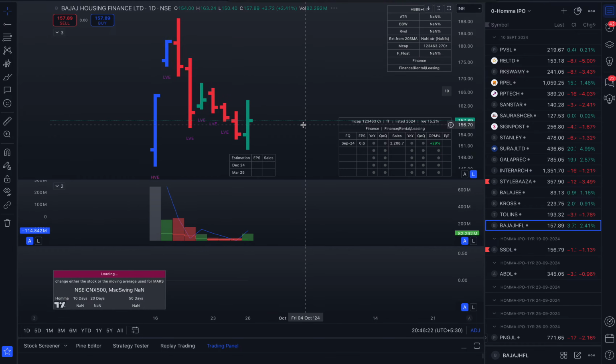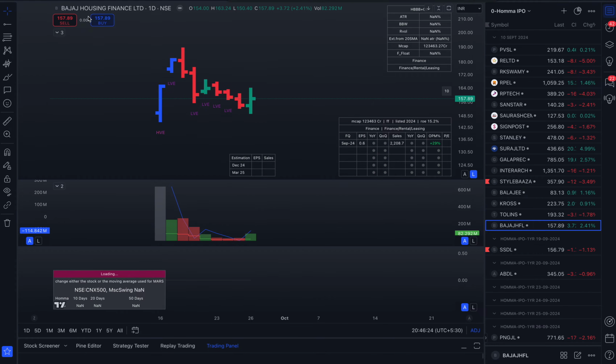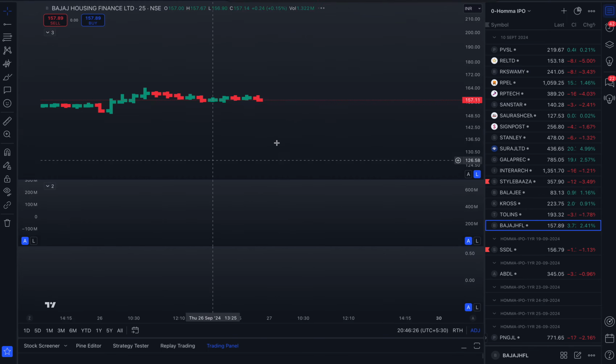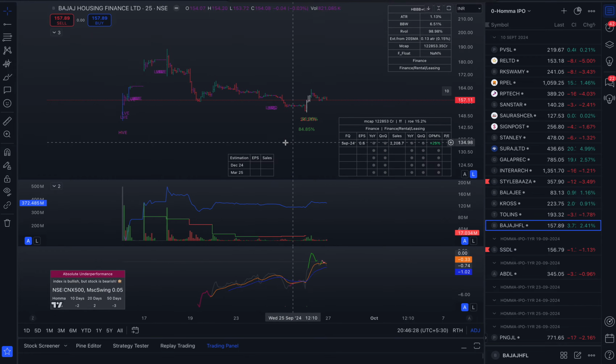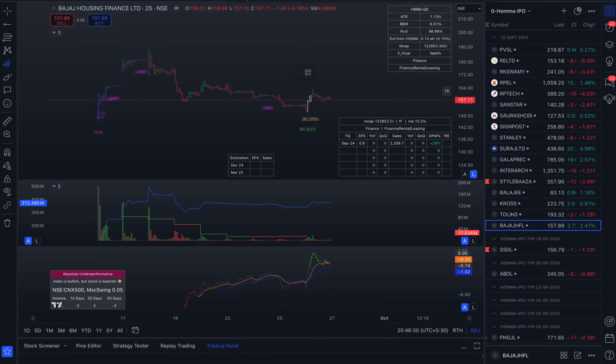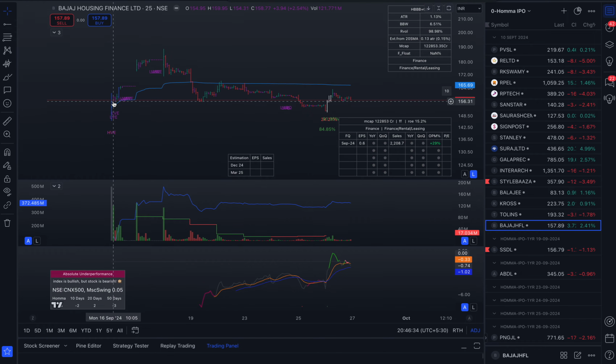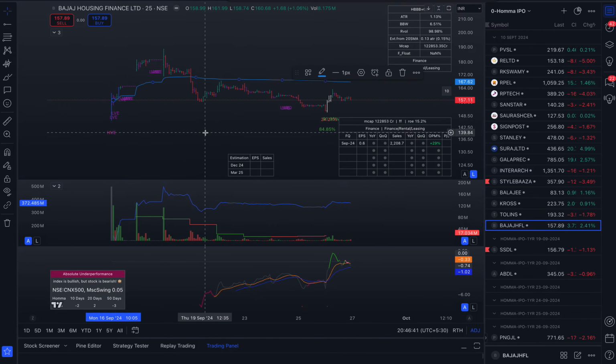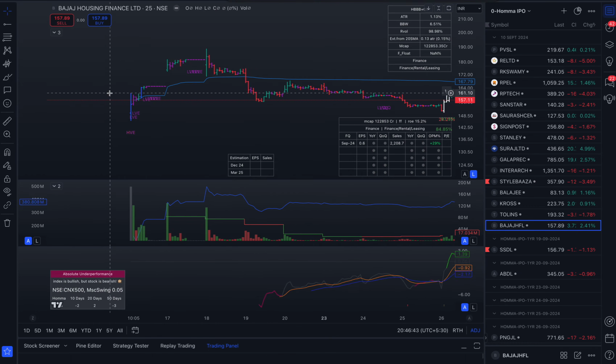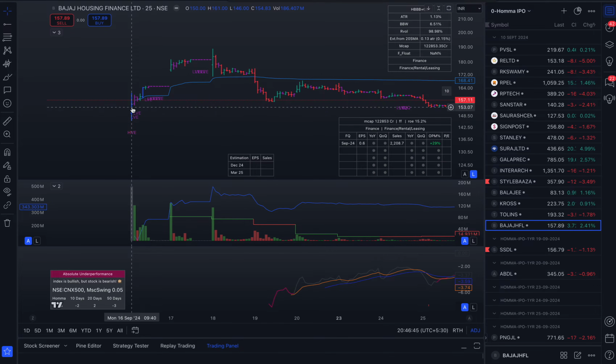Bajaj Housing Finance, how does it look? Let's go a little inside, to the 25 minute chart. If you are trading Bajaj Housing Finance and you've gotten in somewhere here, this would probably be the place to anchor. See, if I put it on this one, this volume is unnatural, right?